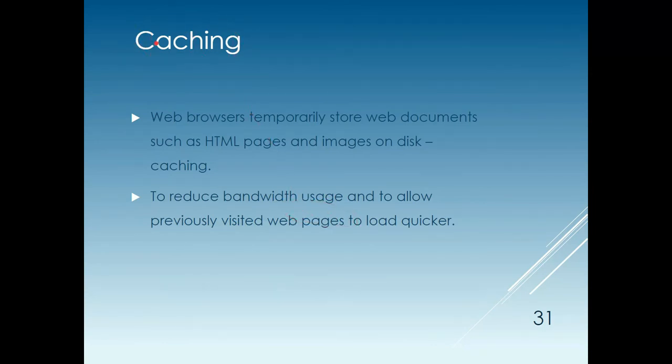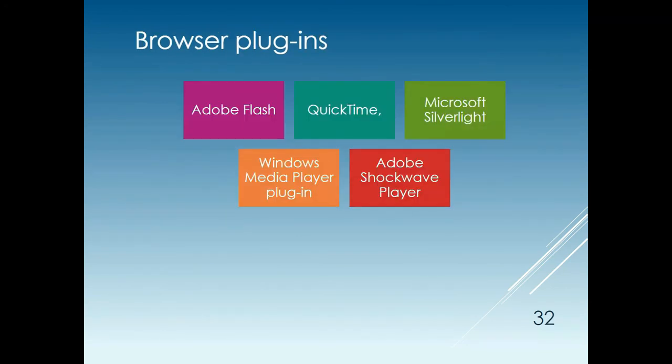The other thing I would like to talk about is what we call browser plugins. Examples of browser plugins are your Adobe Flash, your QuickTime Player, your Microsoft Silverlight, your Adobe Shockwave Player, your Windows Media Player. These are what we call essentials in order for you to have a good media experience when you are online.